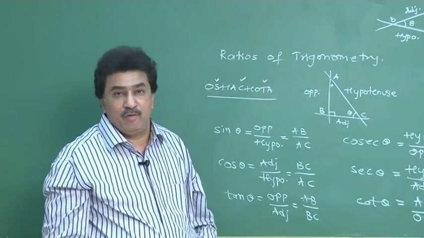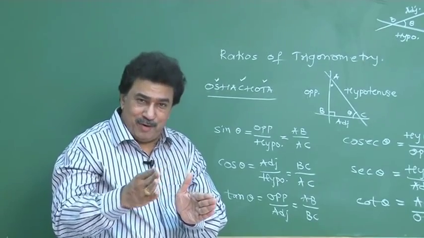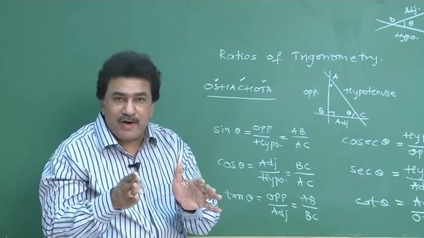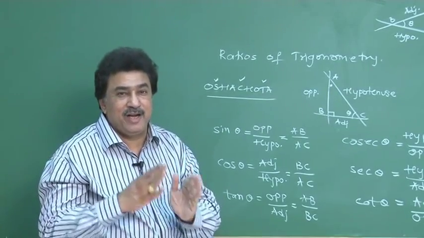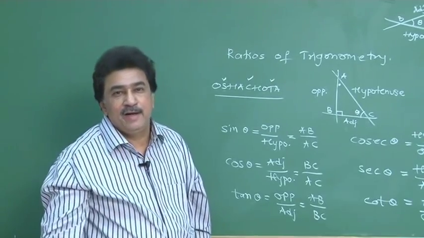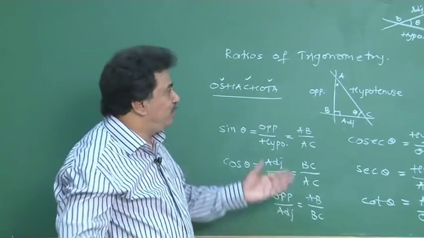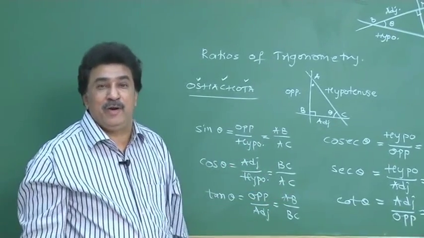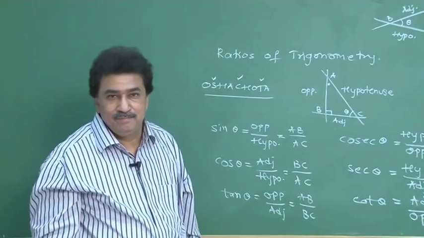Right angle triangle. Why only right angle triangle? Because this is the only triangle which has 3 sides with 3 different names. Opposite side, adjacent side, and a hypotenuse. I hope the concept is very clear, and we'll use this in studying trigonometry in the near future. Just revise this.